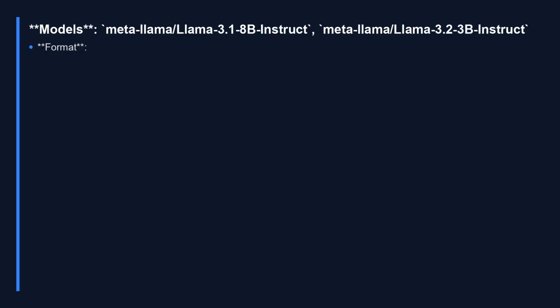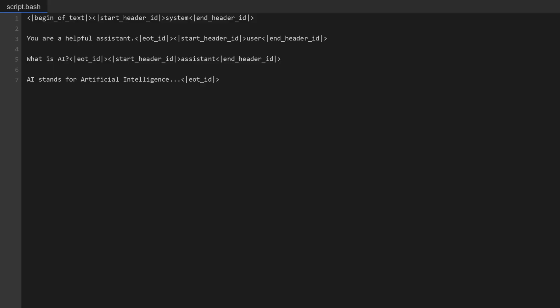Common chat templates. The Llama 3.1 template covers models like meta-llama/Llama-3.1-8B-Instruct and meta-llama/Llama-3.2-3B. The Llama 3.1 format opens with a begin-of-text token, then wraps every role, system, user, assistant, between start-header and end-header tokens, followed by an end-of-turn token. That end-of-turn token is critical.